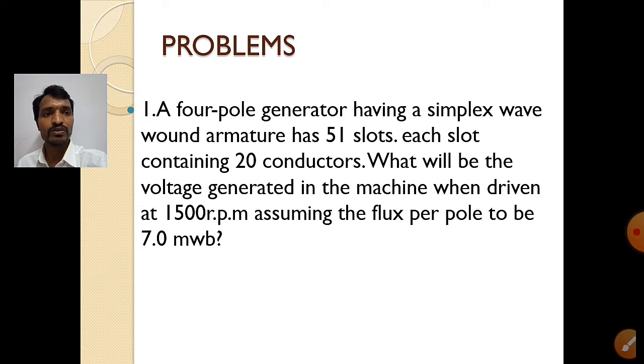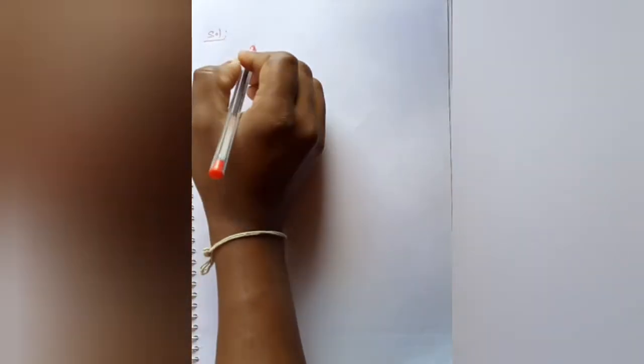The voltage generated in the machine when driven at 1500 rpm, so speed N is equal to 1500 rpm, and the flux per pole is given as 7.0 milliweber, that is phi is equal to 7.0 milliweber. Let's find the solution for this problem.